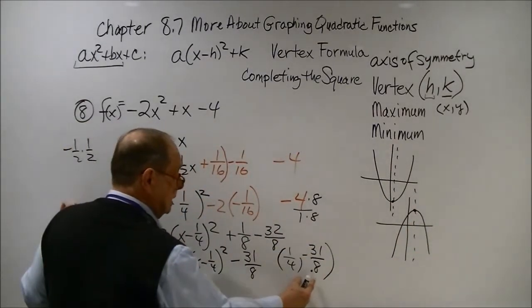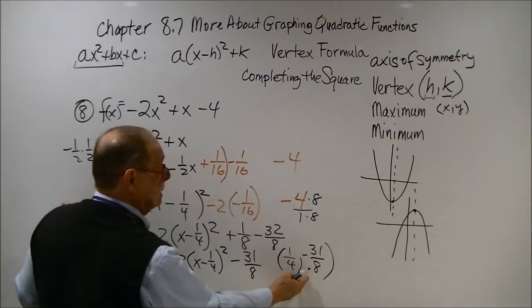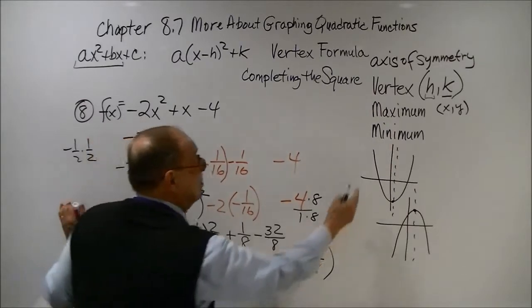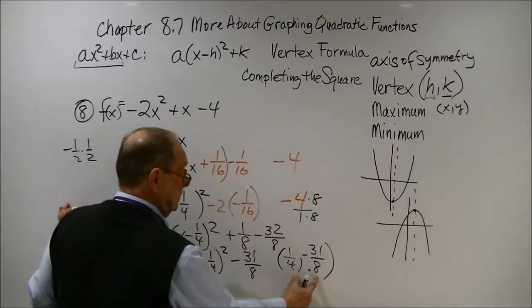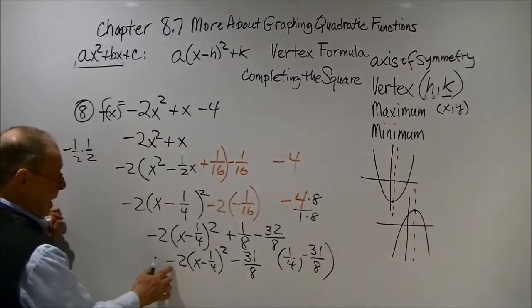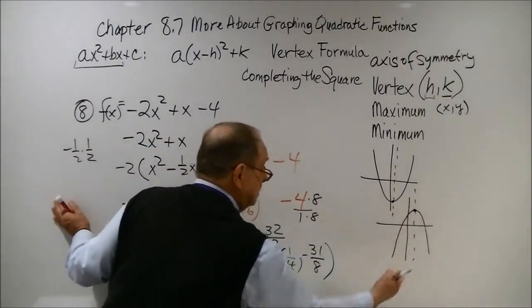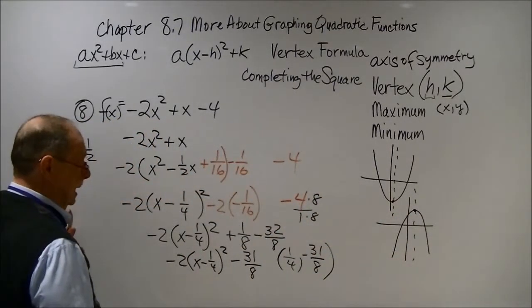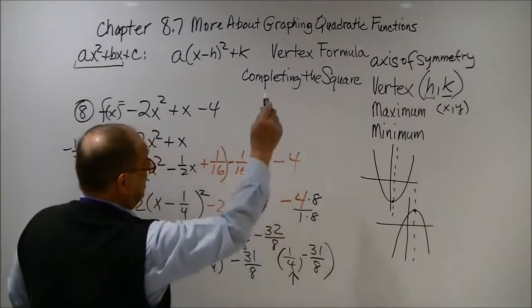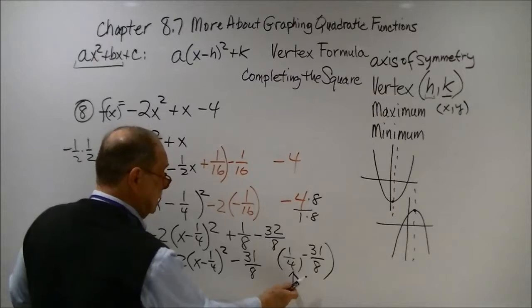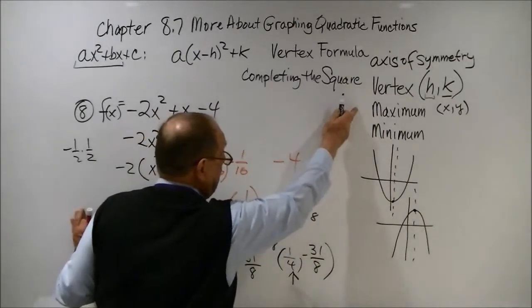So this vertex is now the maximum. Because our A term is negative, it opens to the bottom. And this is our axis of symmetry, and this is, as we said, the maximum.